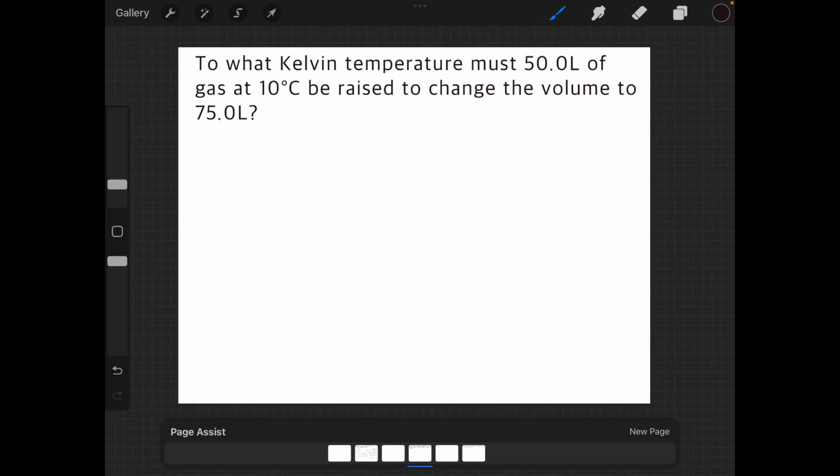Let's try another problem. For this one, we are solving for a new temperature. Let's set up the problem like the old one. We are given the old and new volume along with the old temperature.